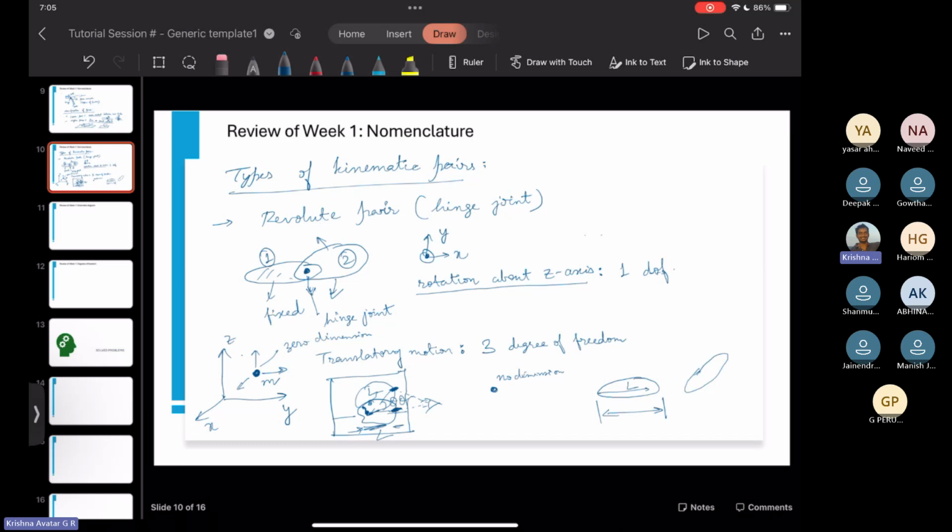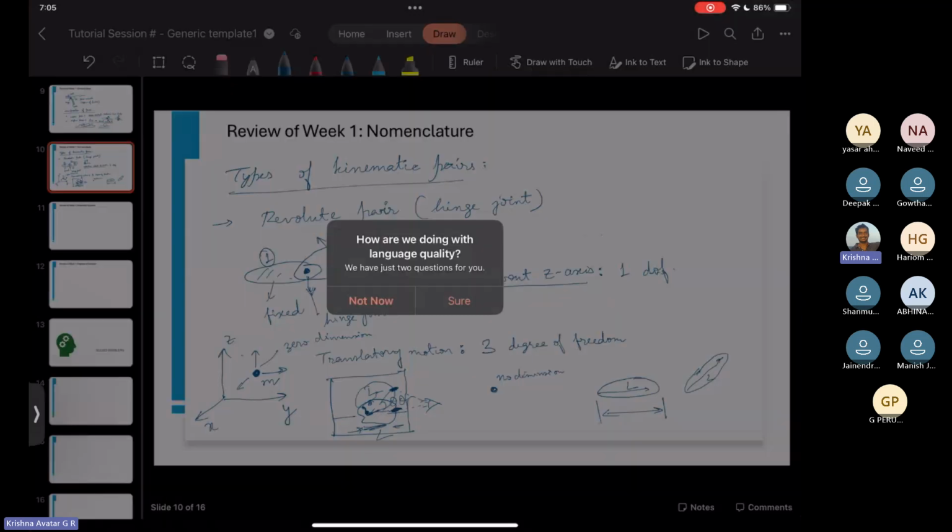This one is L, this one is still L, because it is a rigid body, so no internal deformation.